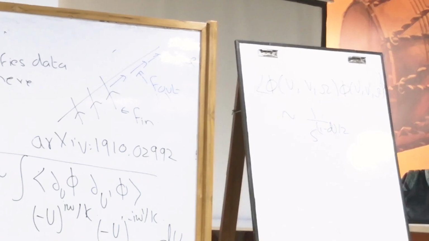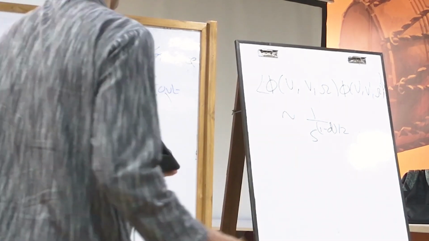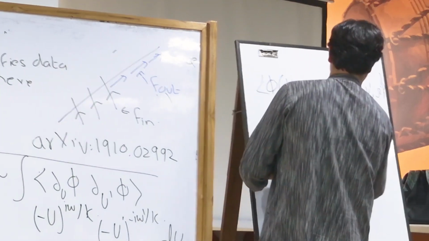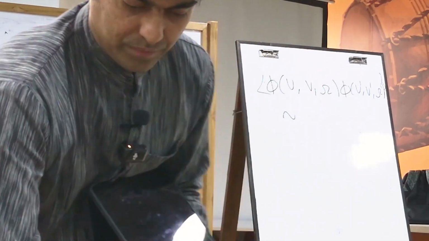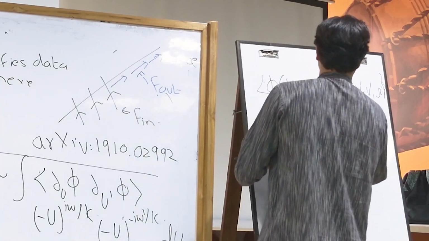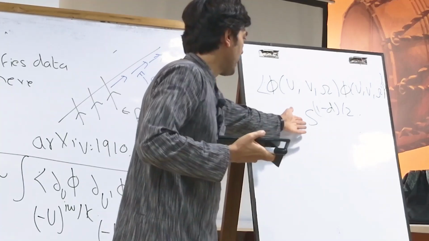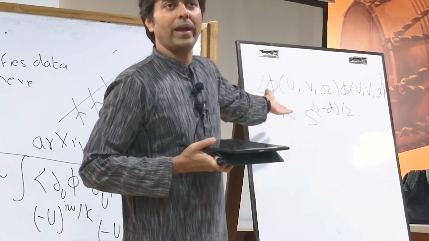So in d equal to 3 it would be just the thing that goes like 1 over s, which is just 1 over x squared.